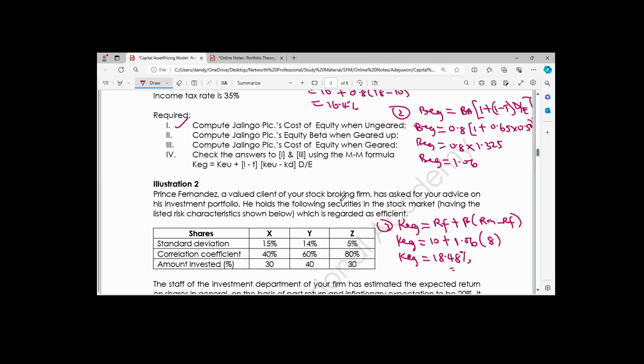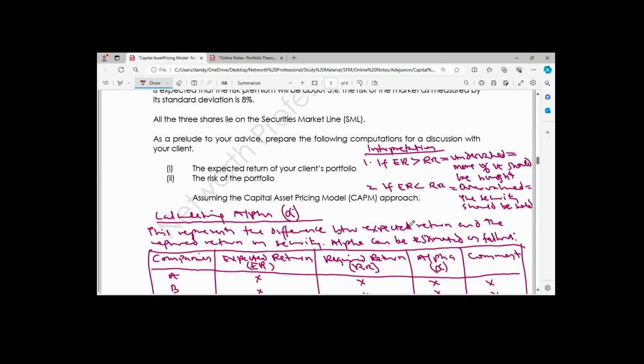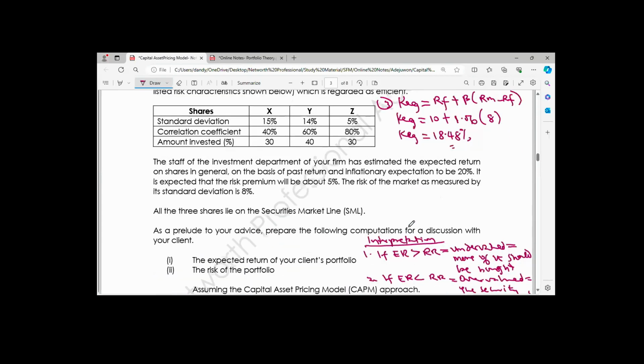The last one, number 4, you have to check the answers to 1 and 3 above using the M&M formula. The examiner wants you to check your answer to 1 and 3 above, meaning that you need to calculate the cost of equity of a gear using the Miller and Modigliani formula. Let me see if I can manage this small space.